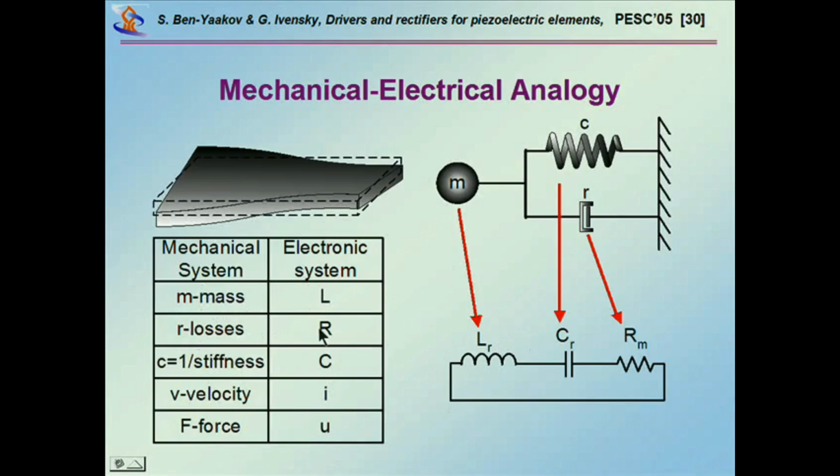The mechanical losses are a resistor. The compliance, which is 1 over stiffness, is capacitance. Velocity is the current, and force is the voltage. So basically, this equivalent circuit has the same differential equation as a mechanical vibrating element, for example, an element like this.